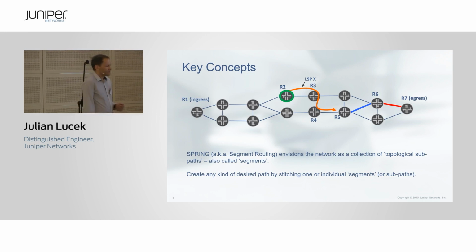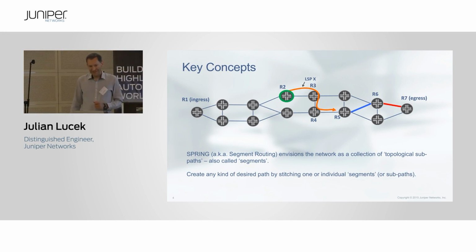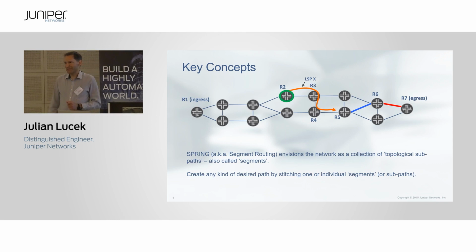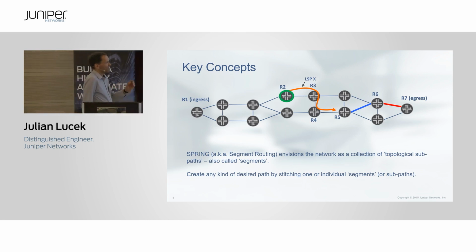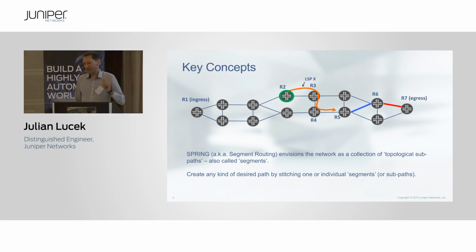And let's have a look from the point of view of router R1, which wants to send traffic to router R7 on the right-hand side of the slide. And suppose for some reason that, first of all, we want the packets to go to router R2 via the shortest IGP path. And then we want the packets to be launched onto this orange traffic engineered LSP, LSPX.